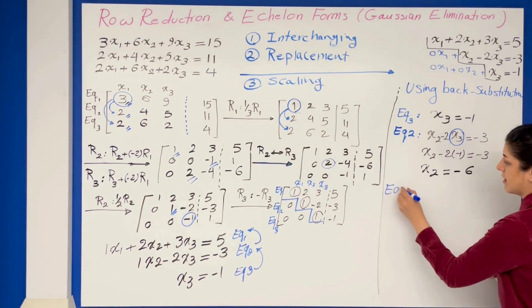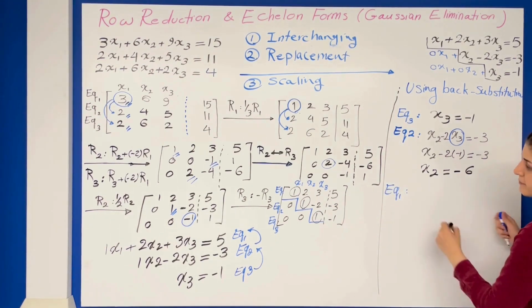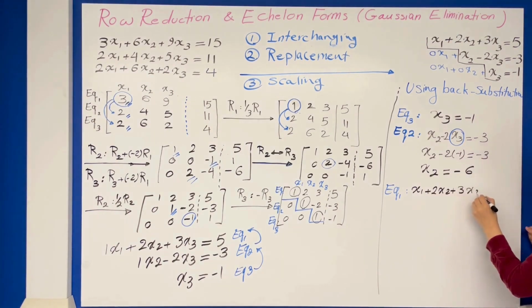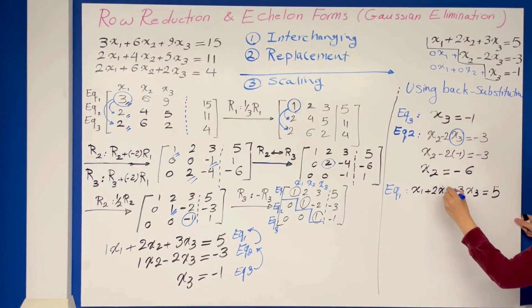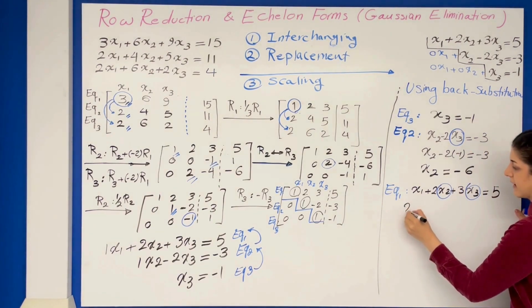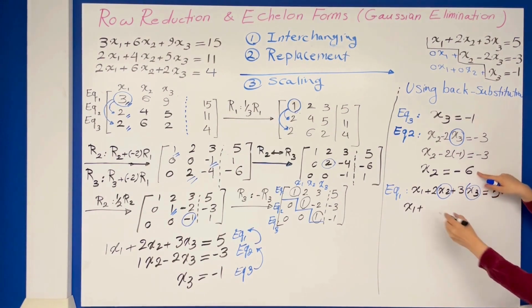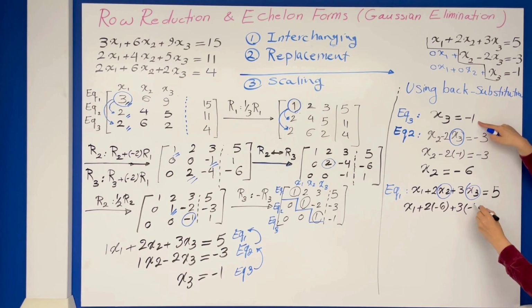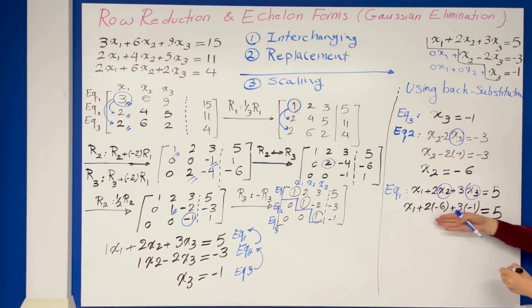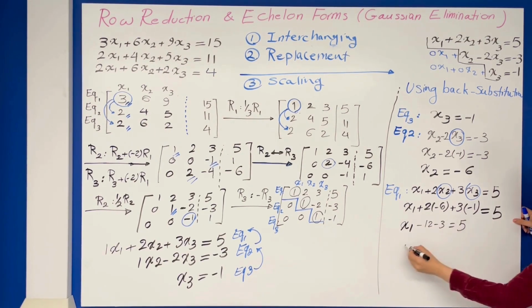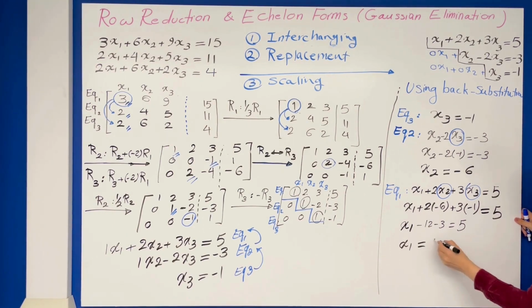So from equation 1, I get x1 plus 2 times x2 plus 3 times x3 equal to 5. So I have x2 and x3 from the previous steps. So I just replace them. I get x1 plus 2 times x2 plus 3 times x3 equal to 5. I just need to solve this. So I get x1 minus 12 minus 3 equal to 5. So x1 equal to 20.